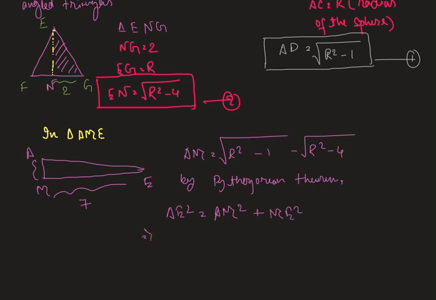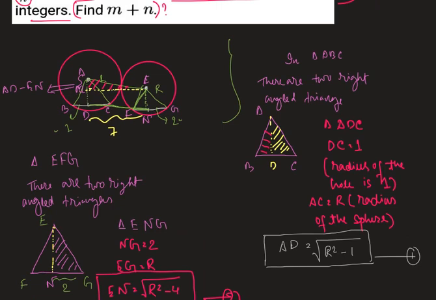So here the value of AE is 2r, because this is just the two radii of the two spheres.